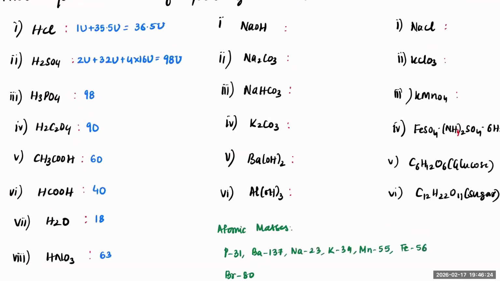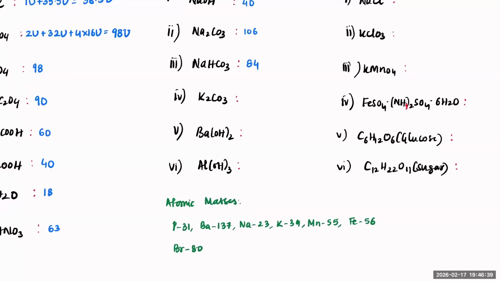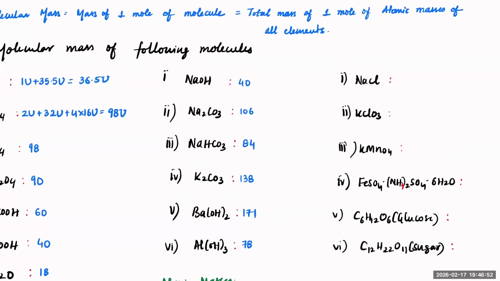Very good. NaOH, 40. Na2CO3, 106. NaHCO3, 84. K2CO3, 138. Barium hydroxide, 171. Very good. Aluminium hydroxide, 78. NaCl, 58.5.